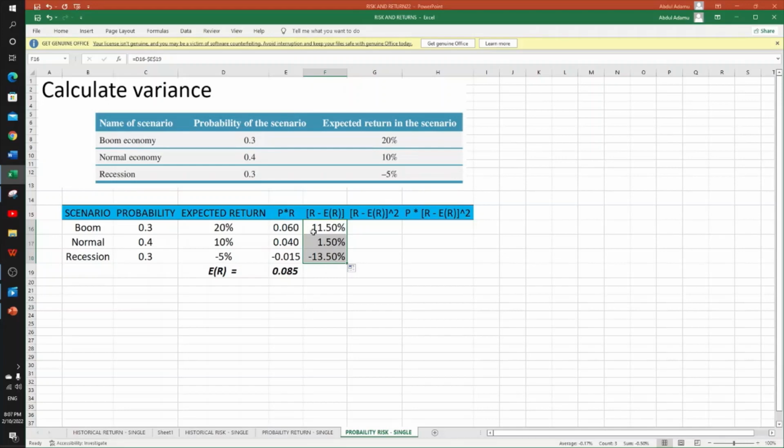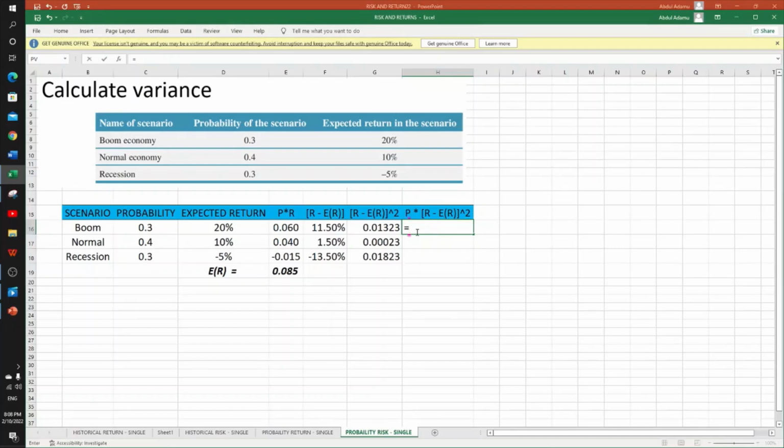Now you can see clearly this minus this. You can see also clearly this minus this. So now we square each of these, equal to this caret, raised to power 2, enter. That is the value. We raise it to power 2, drag it down. That is the value. Then each of these we multiply by the respective probability.